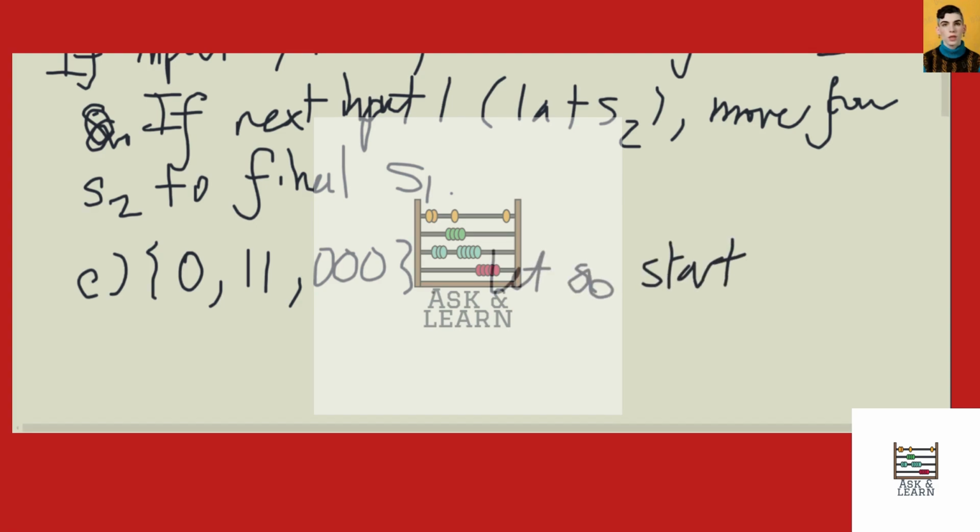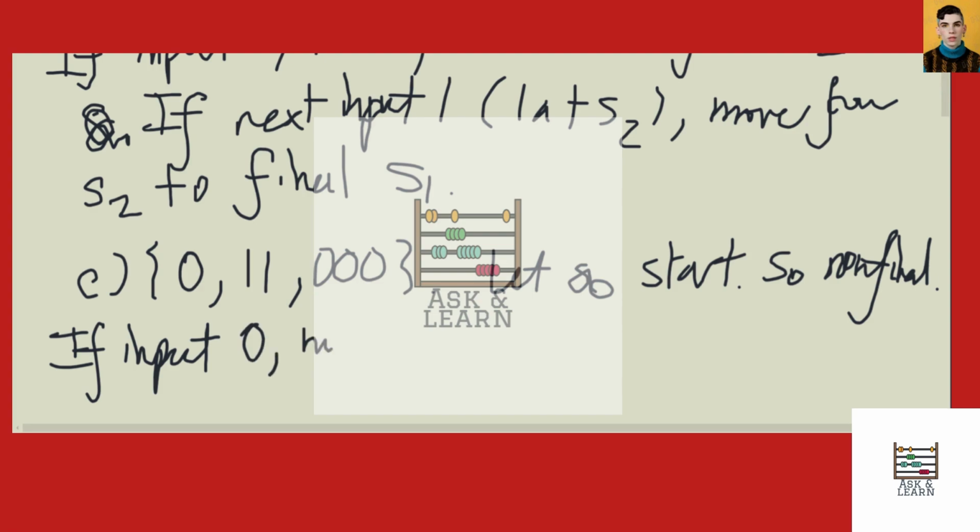And since lambda should not be accepted, we have that S0 is again a non-final state. Now, if the input is 0, then we'll move from S0 to a final state S1, since the string 0 should be accepted.